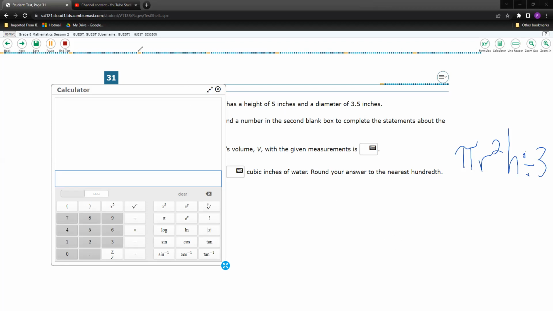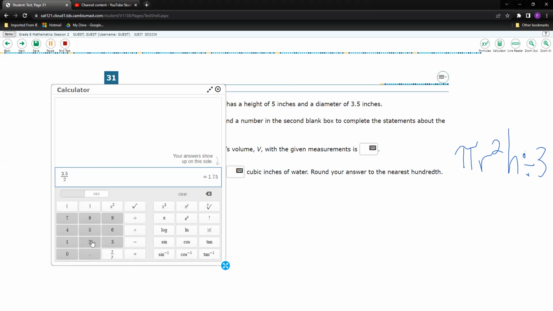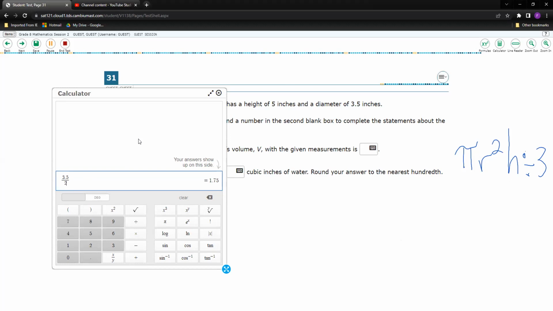Let me calculate the radius by dividing the diameter by 2, and I get 1.75. Immediately, I'm going to square that. Now, let me clear it, just in case. 1.75. Let me square it.